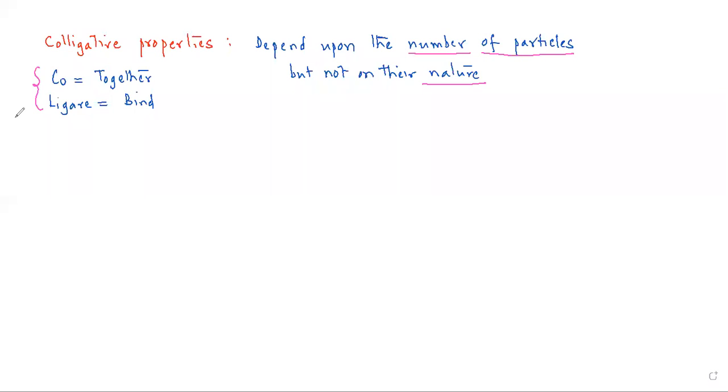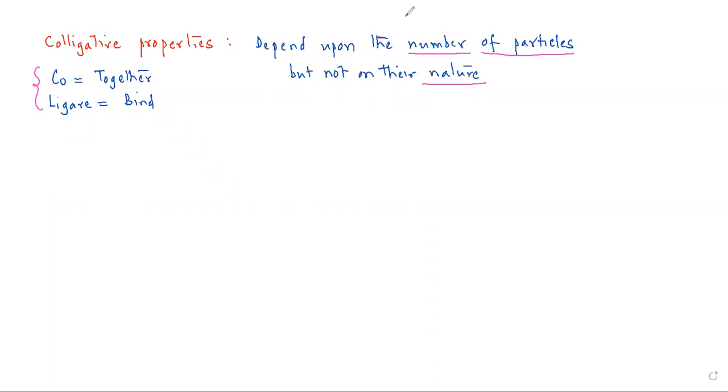Of course, there is association of the particles, there is dissociation of the particles. In some cases, there will be neither association nor dissociation. So, these are the two words from which the word colligative is derived.